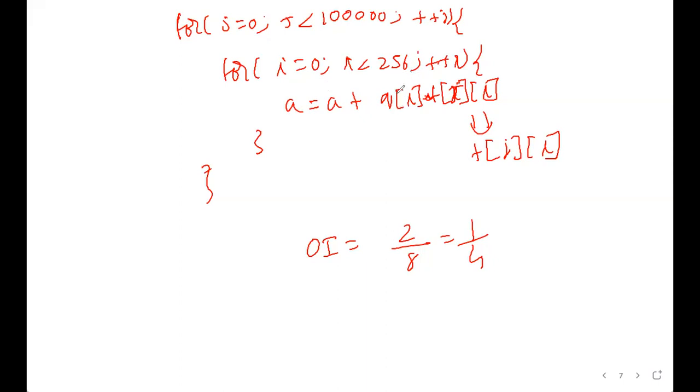And if you think that Q is just staying in a register array in the FPGA, then this becomes 2 by 4 or something like that. You just stream f of ji, in which case the operational intensity becomes 2 by 4, 1 by 2. Sir, why 2 by 4?